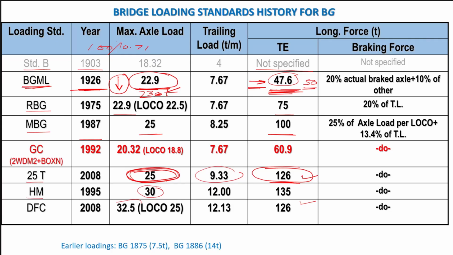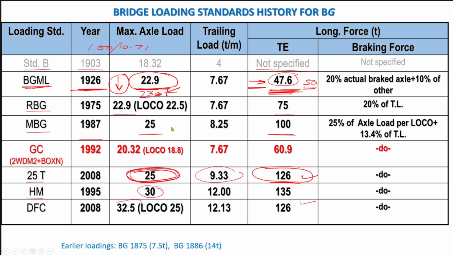So I will proceed further. This is the calculation I have made for RBG for the bending moment. CDA means coefficient. Here you will see the CDA formula for the BGL. RBG was different, and MBG 25 ton is different. I will show you detail in the next slide.